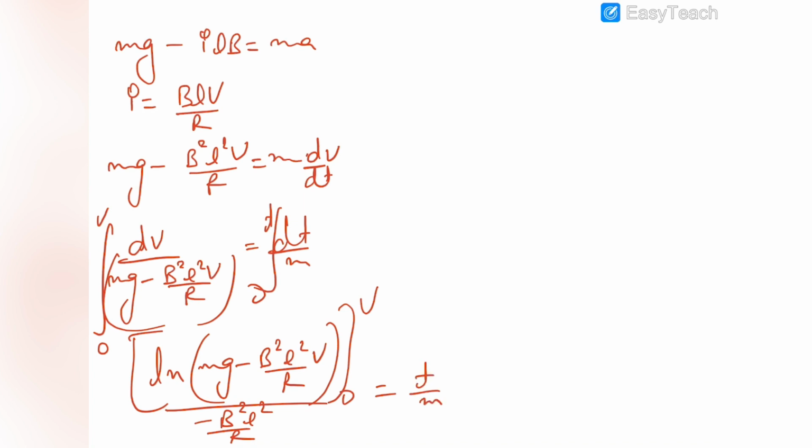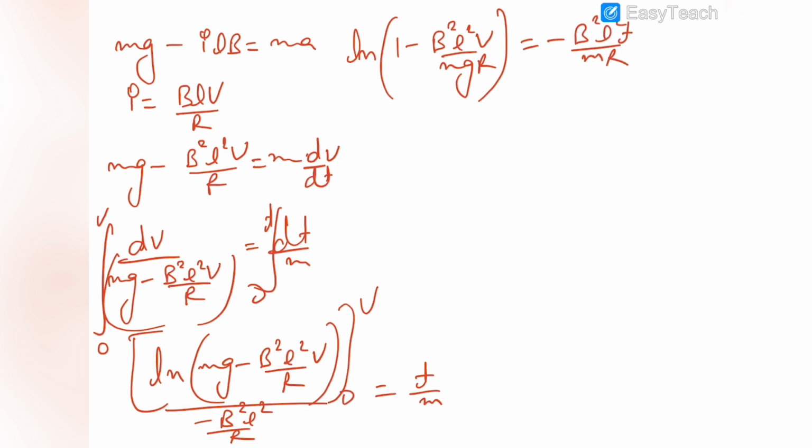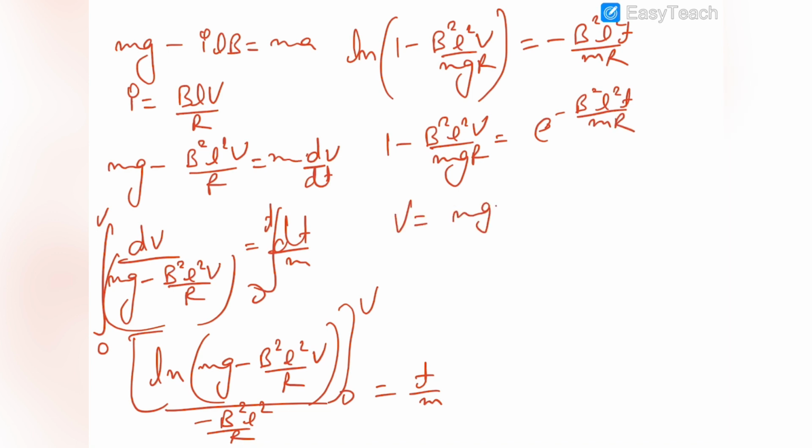So applying the limits, it would be ln of 1 minus B square L square V by mgR, and it would be equal to minus B square L square t by mR. So 1 minus B square L square V by mgR is equal to e to the power minus B square L square t by mR, and V would be equal to mgR by B square L square times 1 minus e to the power minus B square L square t by mR. Okay, so this is the equation of velocity.